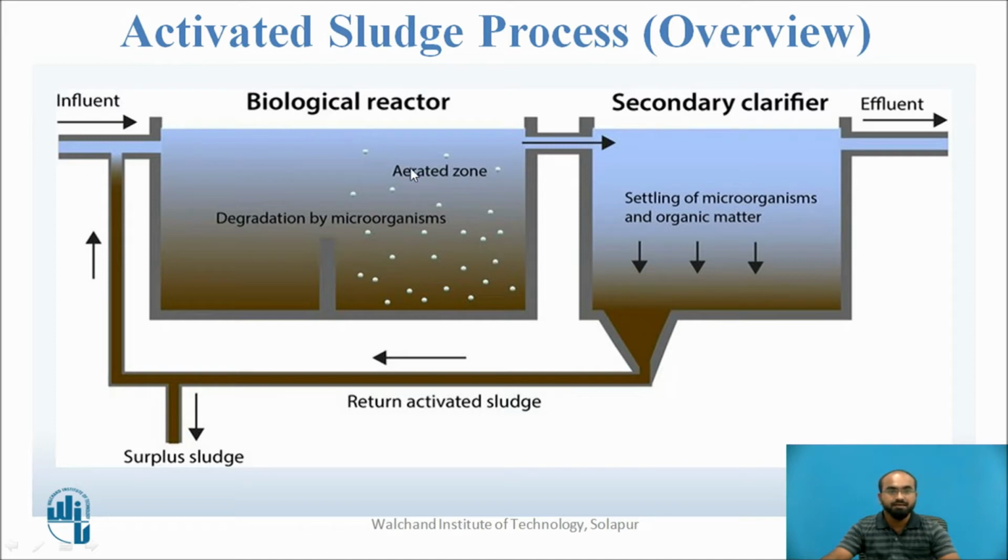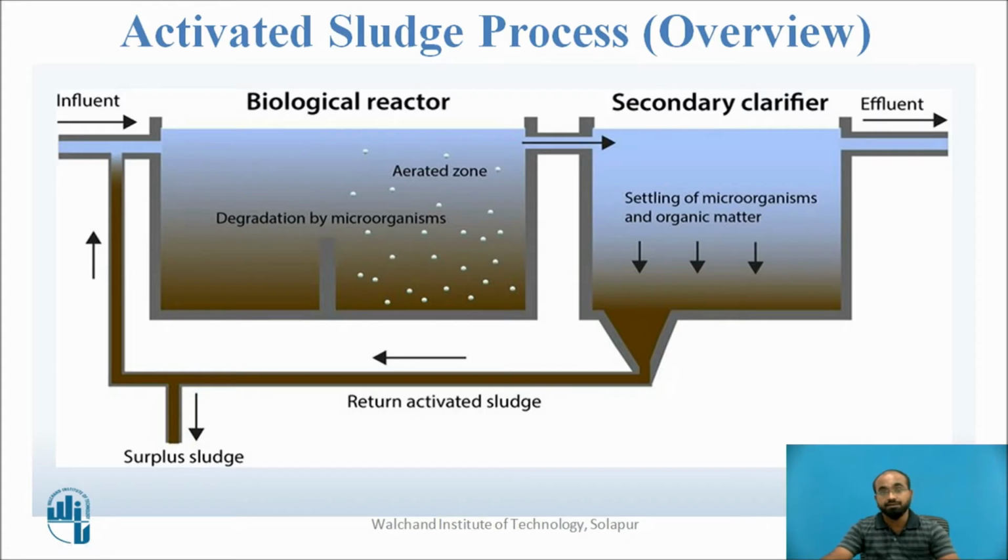If you can see here, the first one is a biological reactor where the influent is coming, and in the same reactor the aeration is also taking place. So in the design, what we have to come across is what will be the volume of the reactor, how much oxygen we have to provide, what is the oxygen demand, and after the supernatant of the reactor completes its detention time, it comes into the secondary clarifier, or a sedimentation tank, where the sludge is going to settle down and activated sludge is going to get produced.